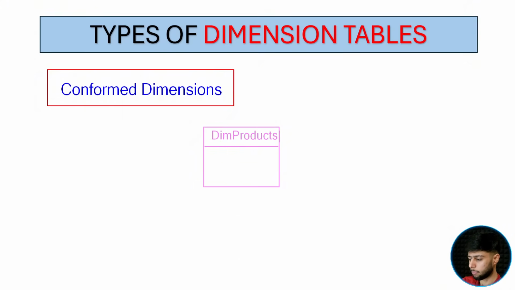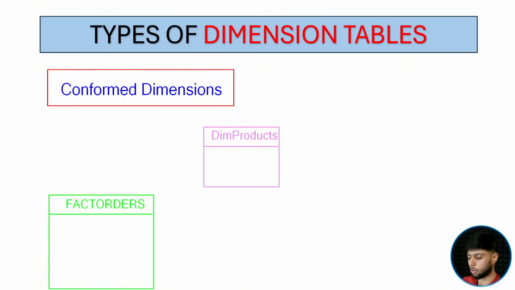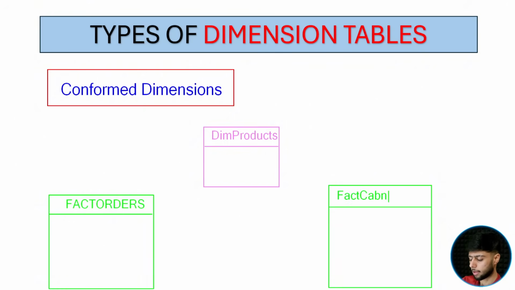Now you have one fact table, called fact orders. Now you have another fact table, which is called fact cancelled orders.